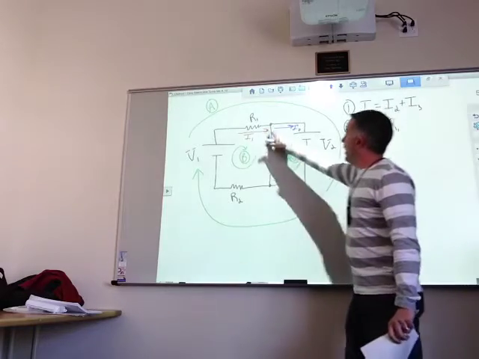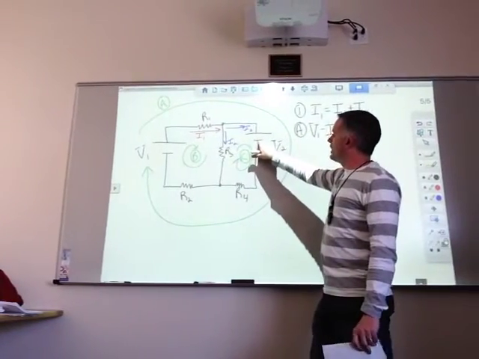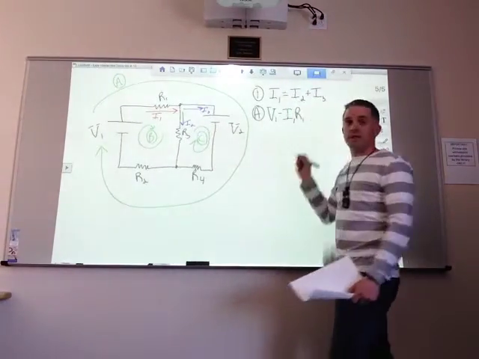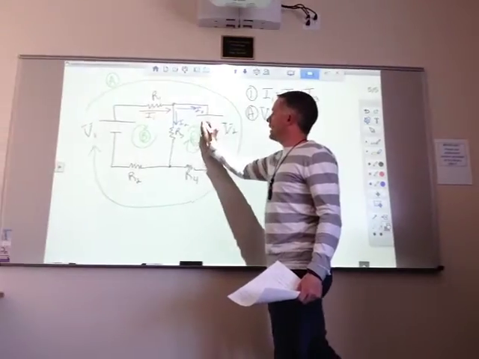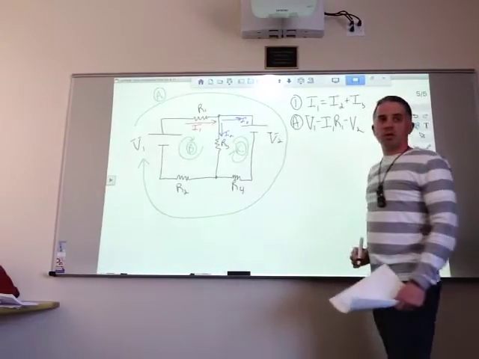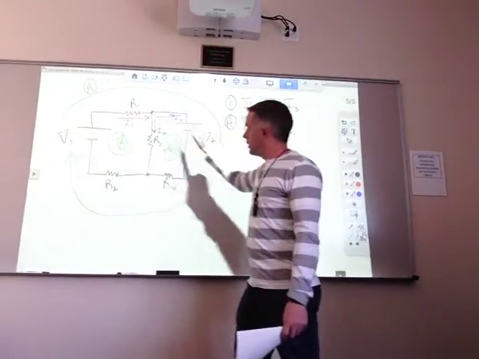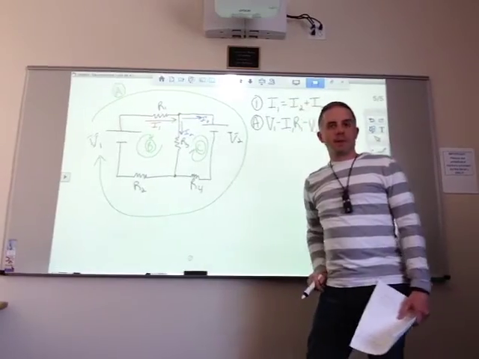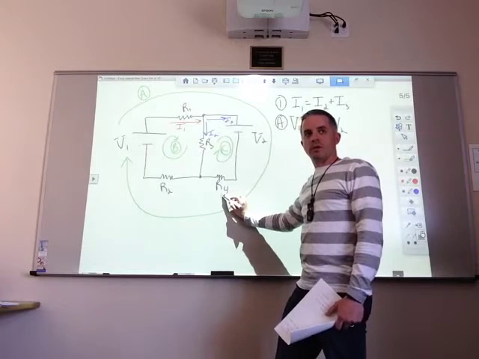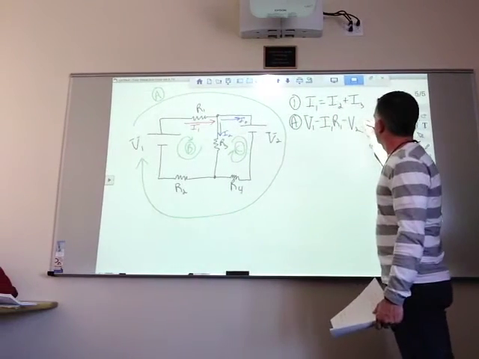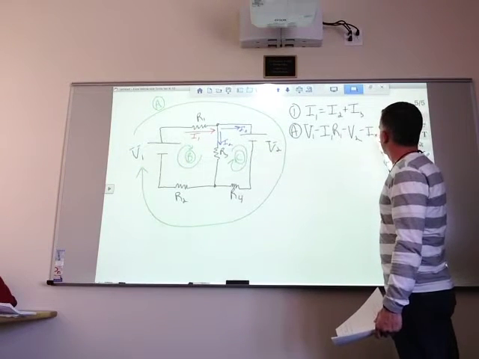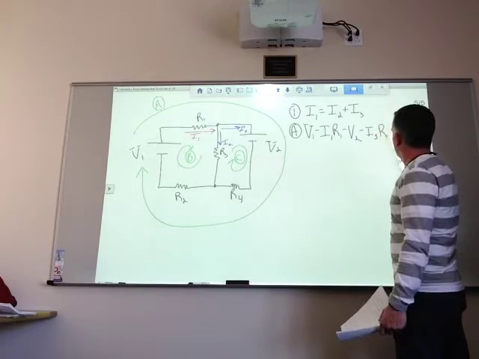Then traveling through here, when we come out of this battery source, what should we get? Minus V2, because we're coming out of the minus side of that. If we're following the loop, we get that minus. Then we come down and we hit this resistor. What would you call that? R4, so I3 R4.